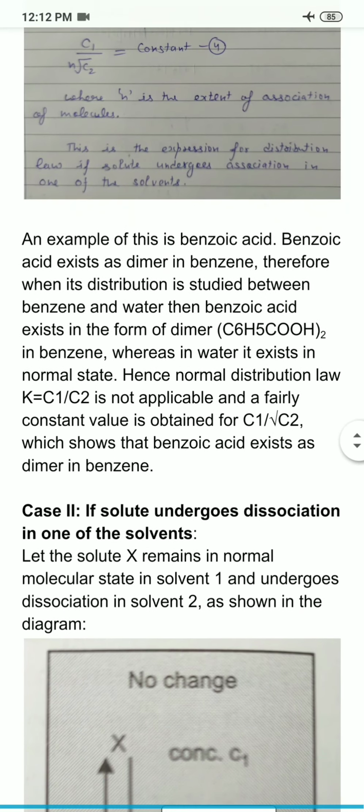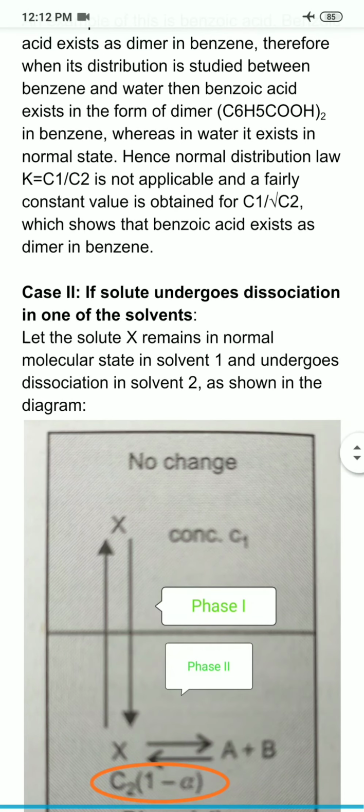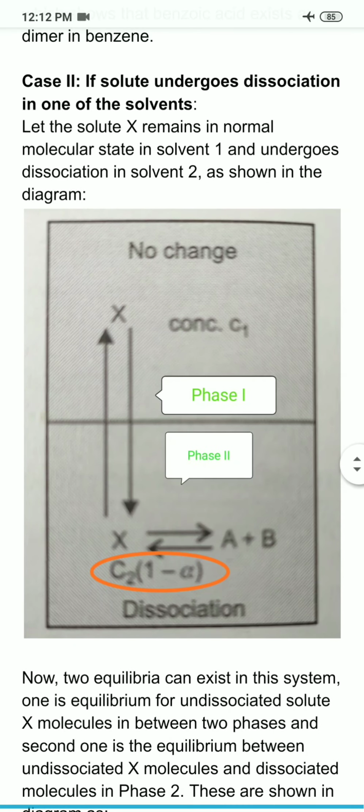Now I am coming to the second case, case 2: if the solute undergoes dissociation in one of the solvents. So please see this diagram. Here I have taken solute X, which is in equilibrium in both the phases. The concentration of solute in phase 1 and phase 2 is C1 and C2.